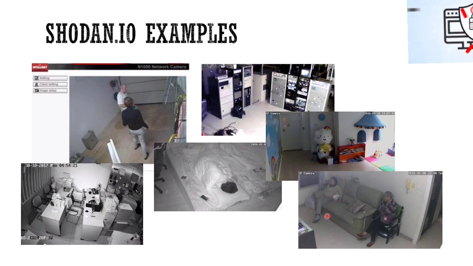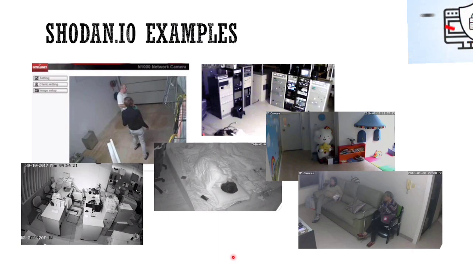And one of the things that just blows my mind is if it's a camera, and whoever owns the camera, whoever put it up, doesn't change passwords, you can sometimes move the camera, you can pan, tilt, zoom. It's just really amazing stuff. I mean, folks use Shodan to identify their stuff, but you can find other people's stuff.